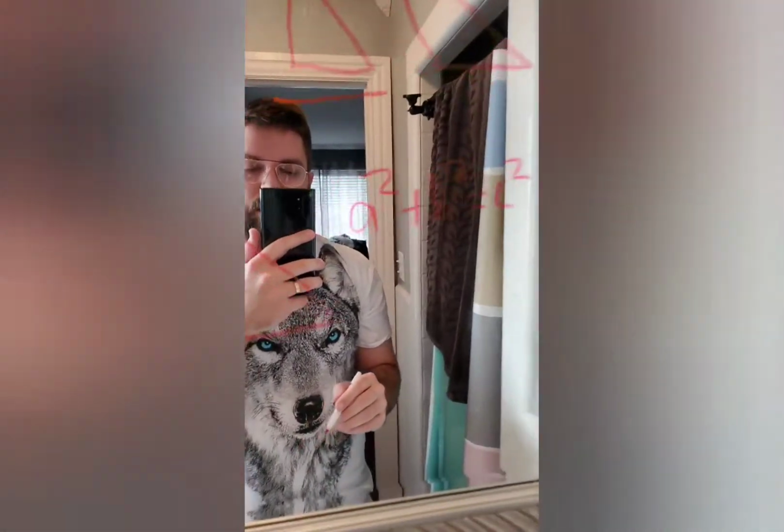Okay, so pretty much the CDC and science say that you need to be 6 feet away from other people. If you're 6 feet away from other people, then you're safer from getting this corona.